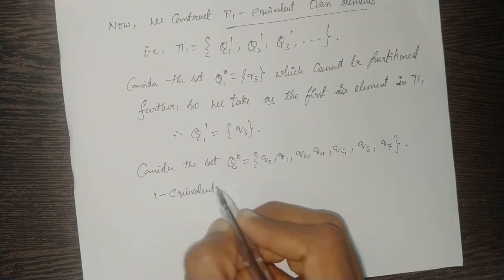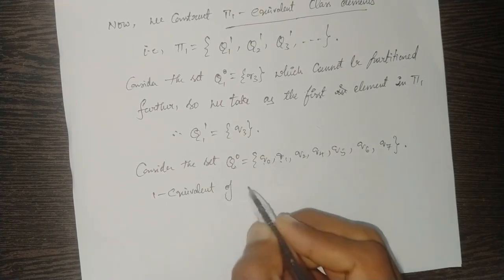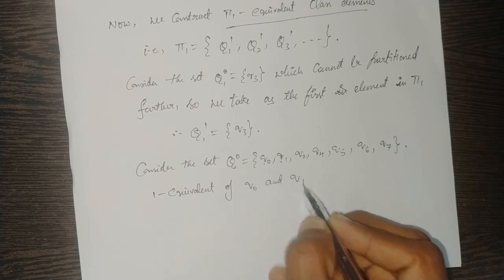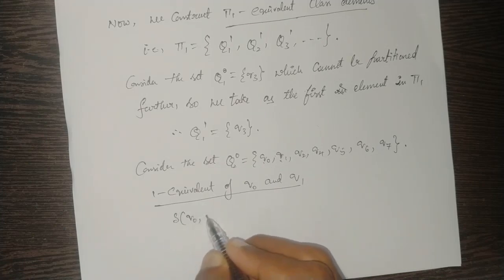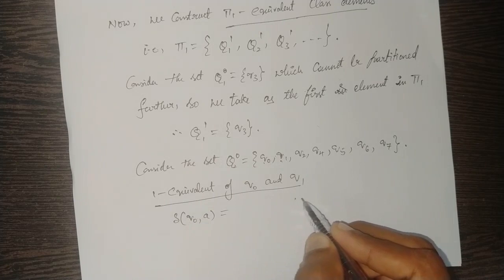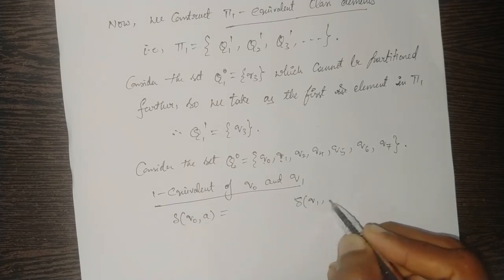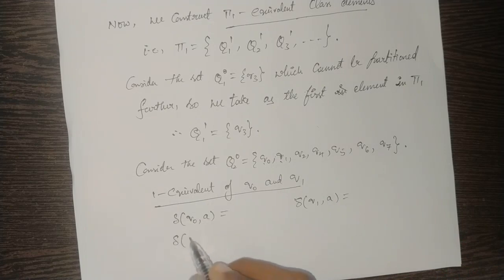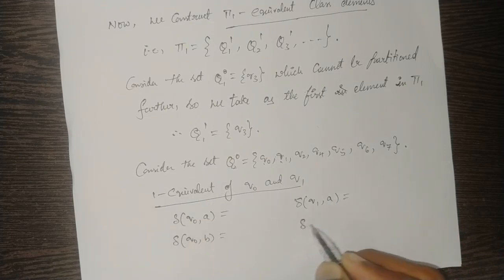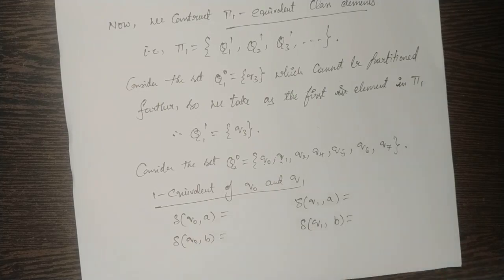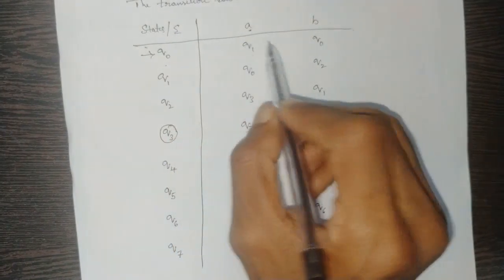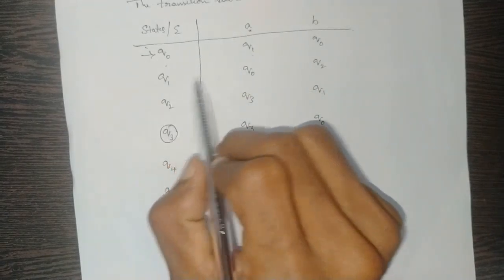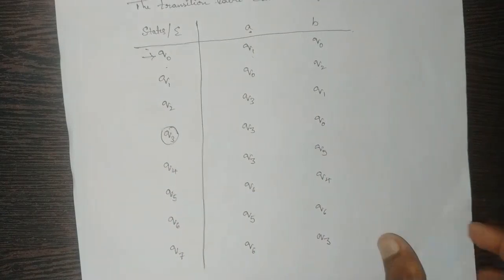We check one equivalence of Q0 and Q1. That implies delta of Q0 at input A, similarly for Q1 at input A, and Q0 at input B, Q1 at input B. By observing the table, when input A is applied to state Q0 it moves to Q1, and when A is applied to state Q1 it moves to Q0.